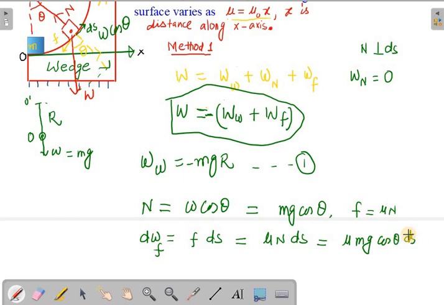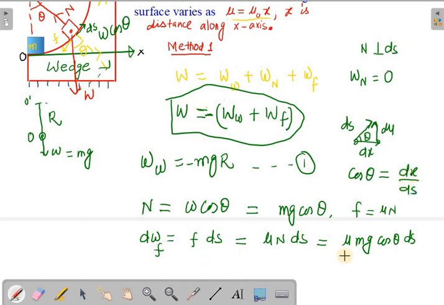If we make a right angle triangle here, this is dx, this is dy, and this is ds. Let this angle be theta. Then we can write from here cos theta will be equal to dx upon ds.